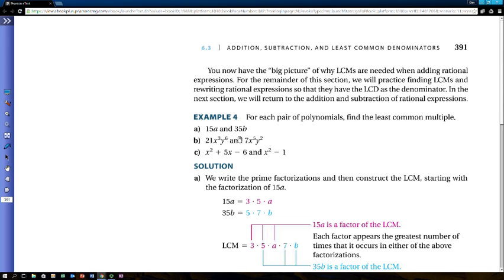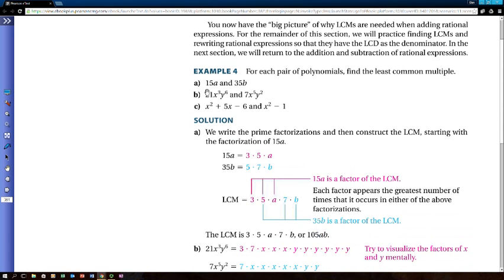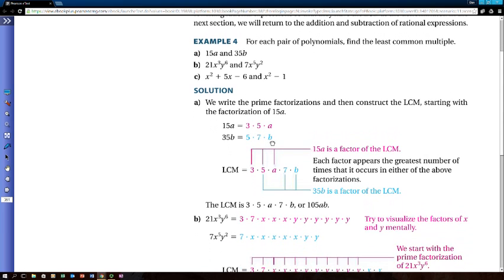Now, some of the problems you're going to do in this section is just find LCMs, least common multiples. So we practice that between these two. I'd prime factor that. I'd get 3 times 5a times a, and 35b is 5 times 7 times b. And then to find this LCM, I just basically rewrite all factors seen, with the common ones only represented once, or kind of overlap them in a sense.